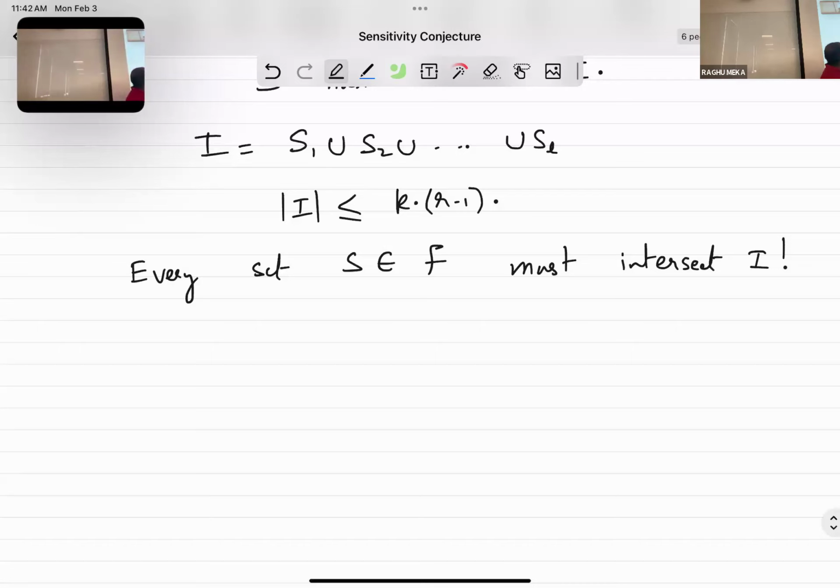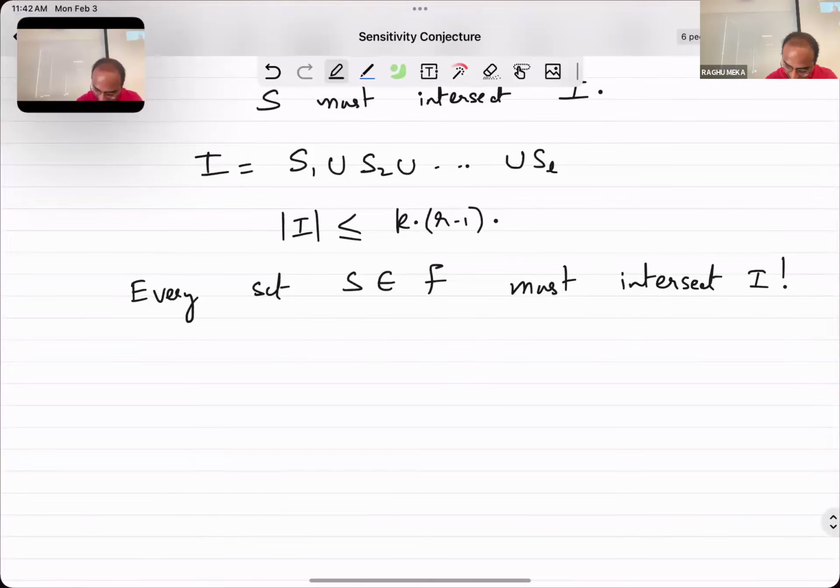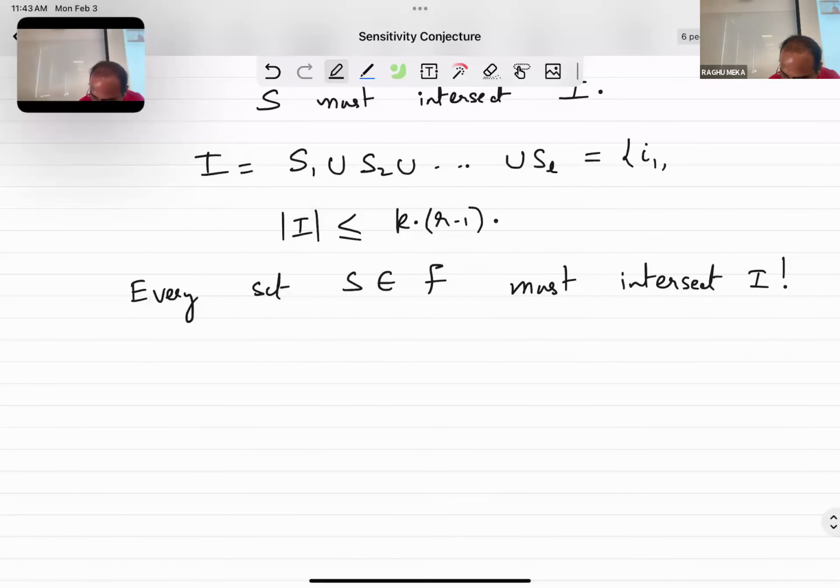Okay. And we can now look at which element here they intersect. So what do I mean? Let's say this set I is I1, I2 up to I_M. Here are some elements. Maybe it's number 17, maybe number 19, whatever you have.